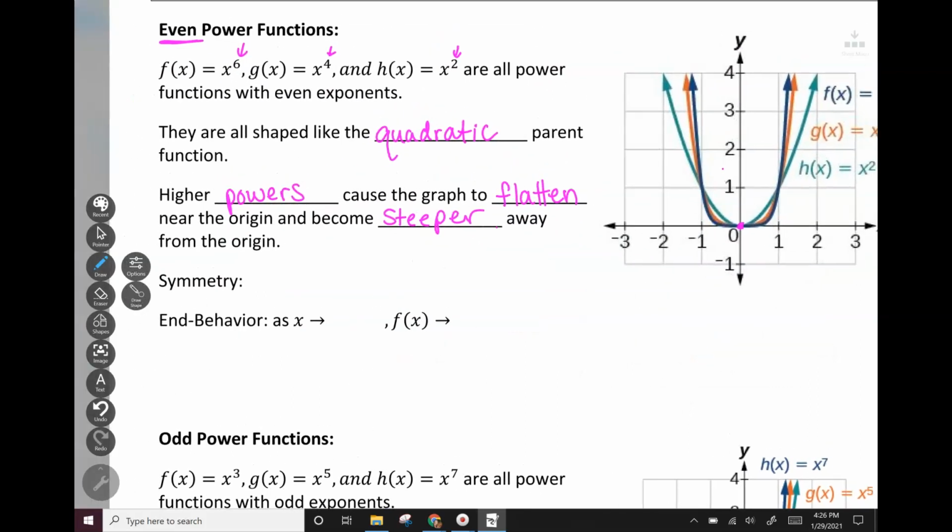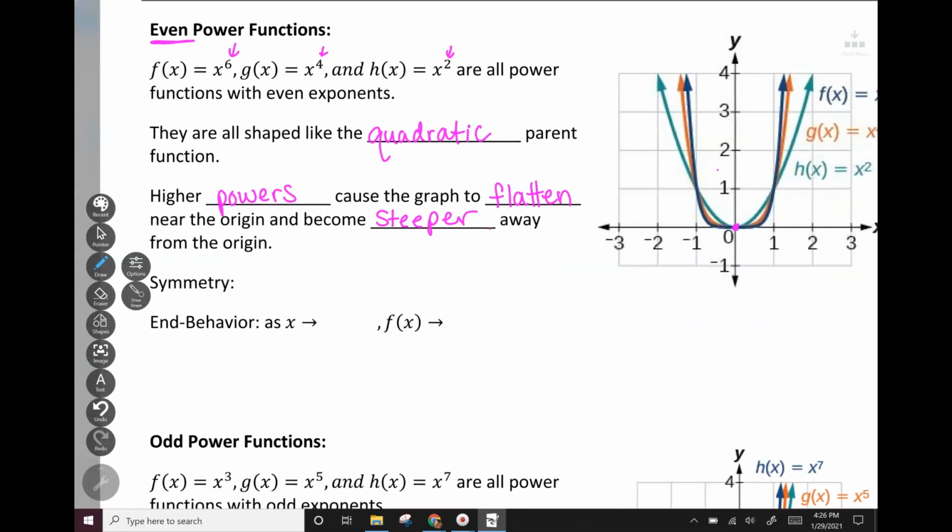Now let's talk about symmetry. Looking at all three of those graphs, you hopefully can tell that they are symmetric about the y-axis. And that brings me back to something else.